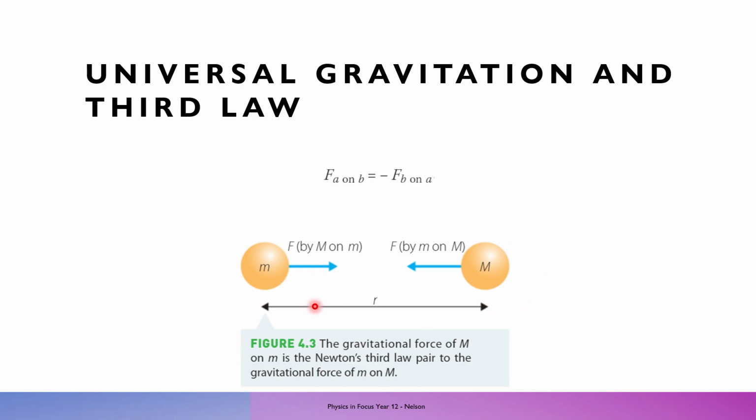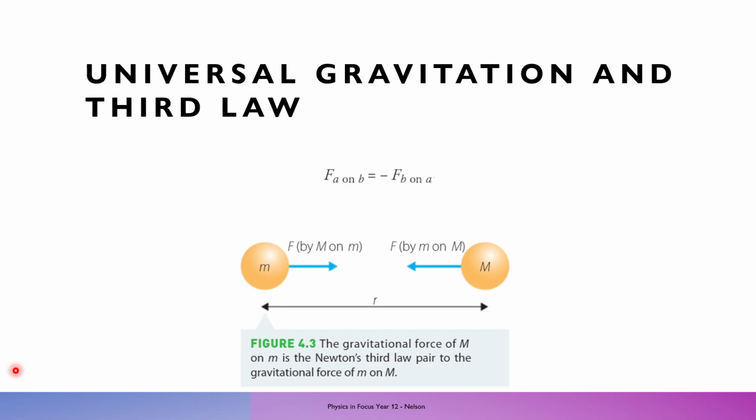So in our diagram down the bottom, what we have is a force being exerted on the object with little m by the object with big M. And on the other side, we have the force which occurs because of little m that is acting on big M. The magnitude of both of these forces are equal, but we note here in this general equation that the two forces are opposite in polarity, meaning that one force is shown as positive and one force is shown as negative.